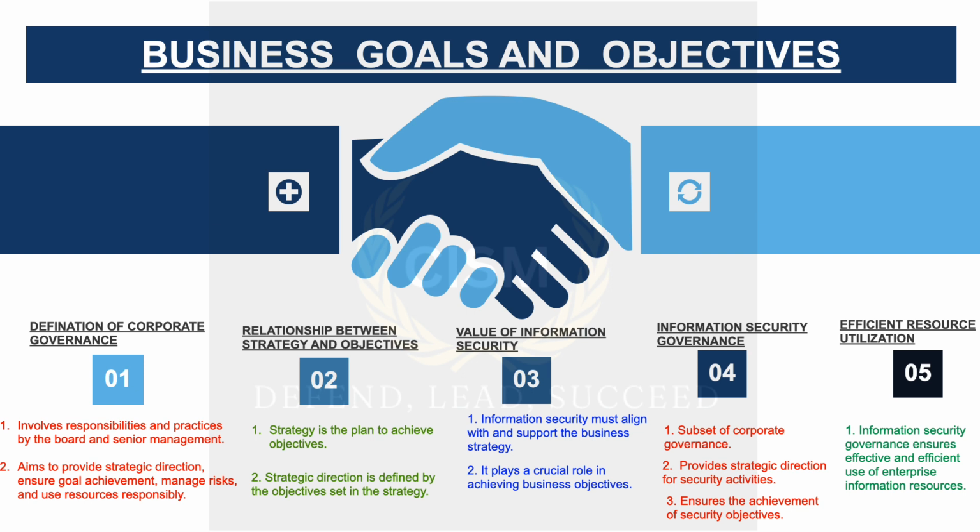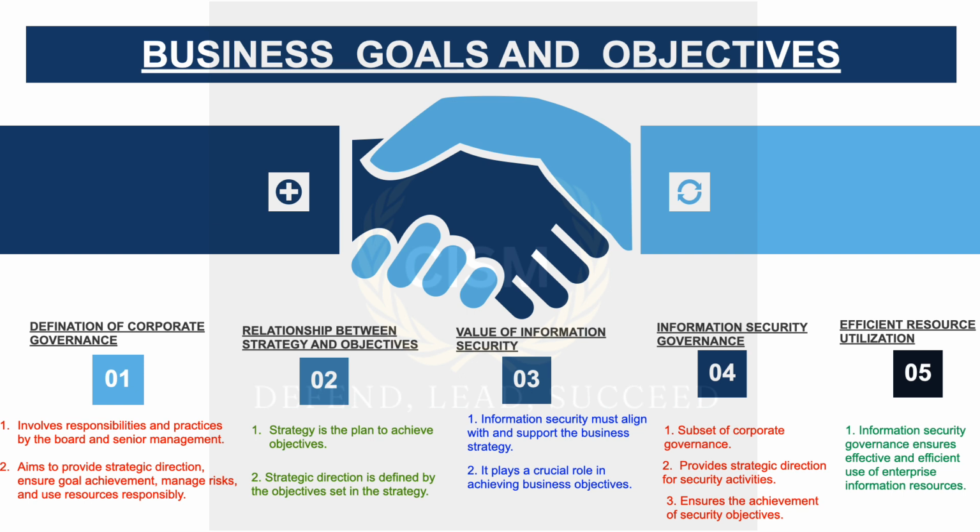A strategy serves as an organized plan to achieve the specific objectives. The strategic direction outlined in the strategy is essentially guided by the objectives set within it. In this way, objectives define the destination and the strategy provides the roadmap to reach and fulfill those predetermined goals.